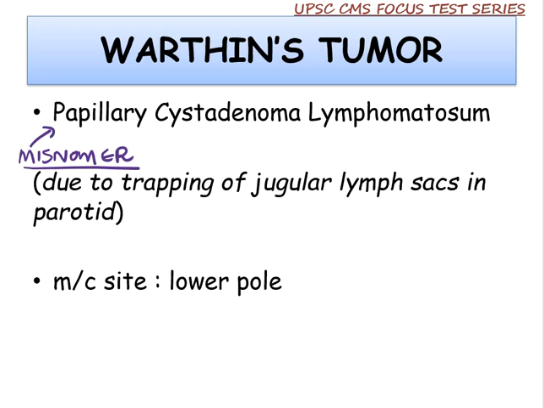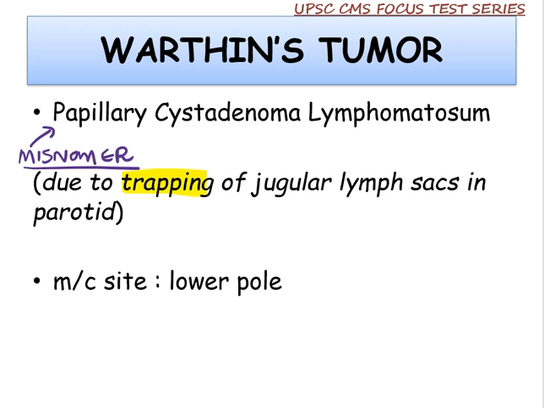One of the embryological reasons is that it is due to trapping of the jugular lymphatic tissues or lymphatic sacs in the parotid. This happens during development, and that is why there is a possibility of lymphoid tissue being present inside the parotid gland region. So that is why it gets the name cystadenolymphomatosis. Right. As I said before, this is a pure benign tumor, most commonly involving the parotid gland.